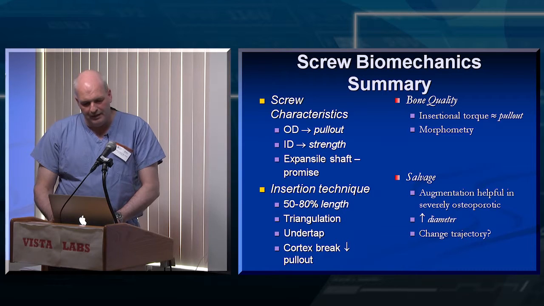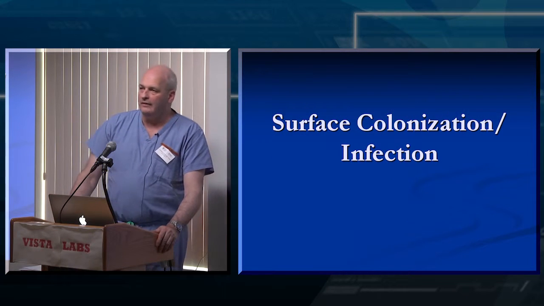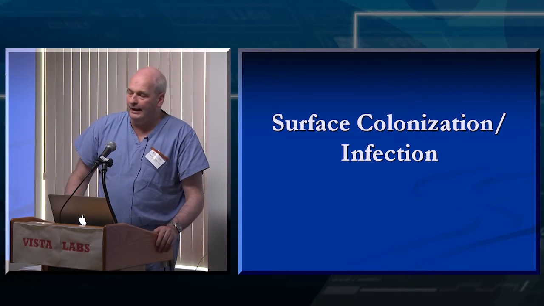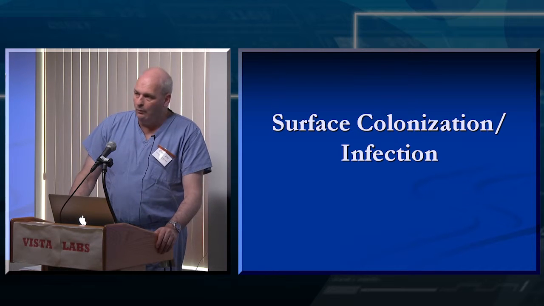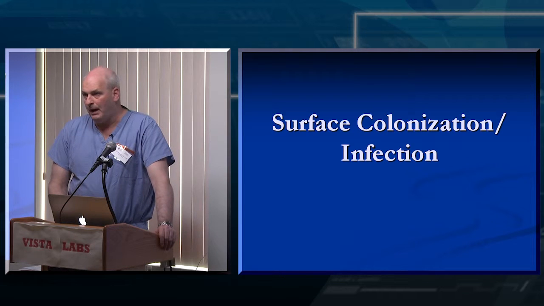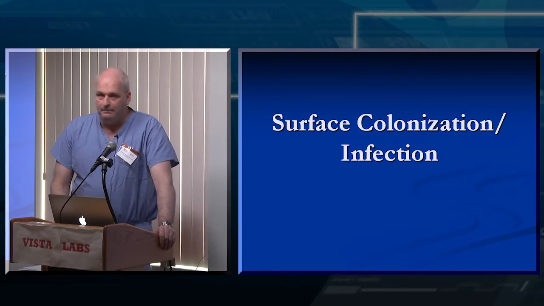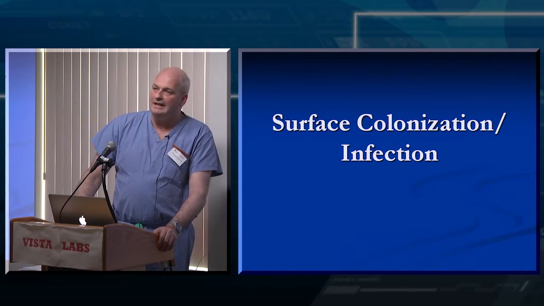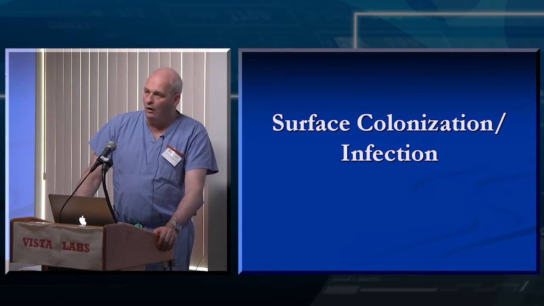Basically, I'm going to skip through this. I think this is one thing that's really kind of important and something that I rarely hear discussed. One of the things when you select an implant is what's the biomaterial that you're going to use. And back again, 15 years ago, 95% of all implants that were used were stainless steel.